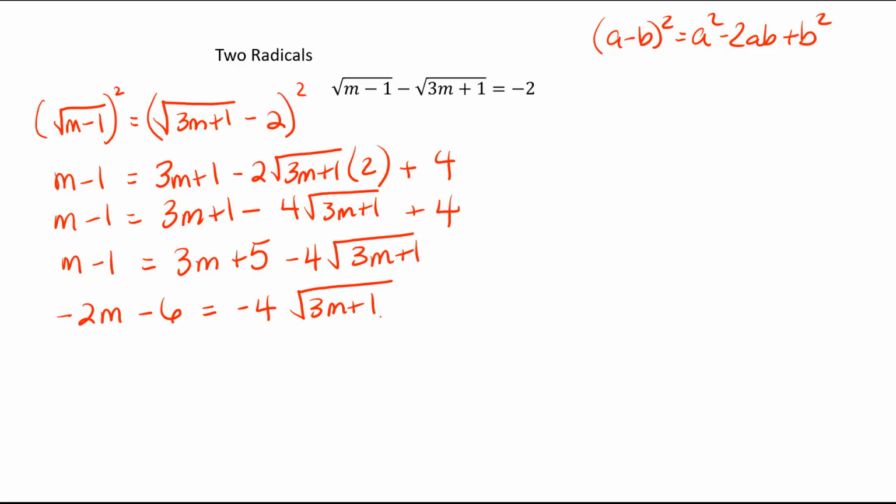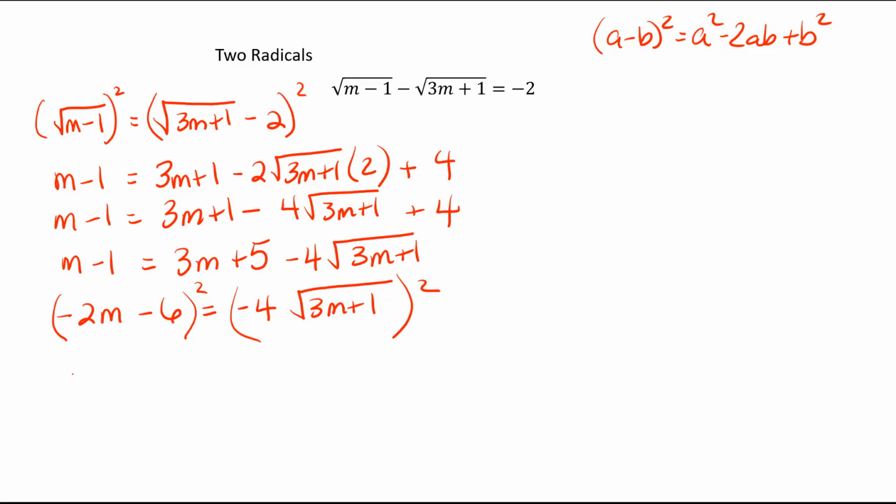Now normally I would divide both sides by negative 4 before I square both sides again. But since that would make all kinds of fractions on the left side, I don't want to do that. I'm just going to go ahead and square both sides now. It's not hard to do since this is just a factor over here of negative 4. So if I square both sides now, I'm going to get, again, don't forget that you're dealing with a minus b quantity squared.